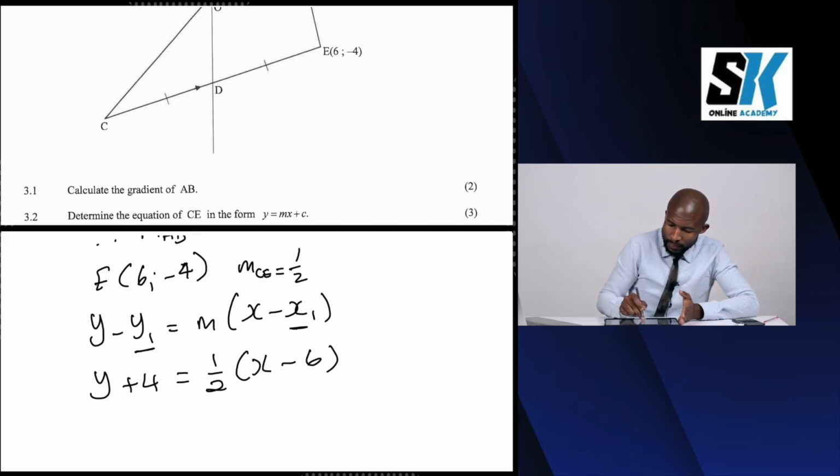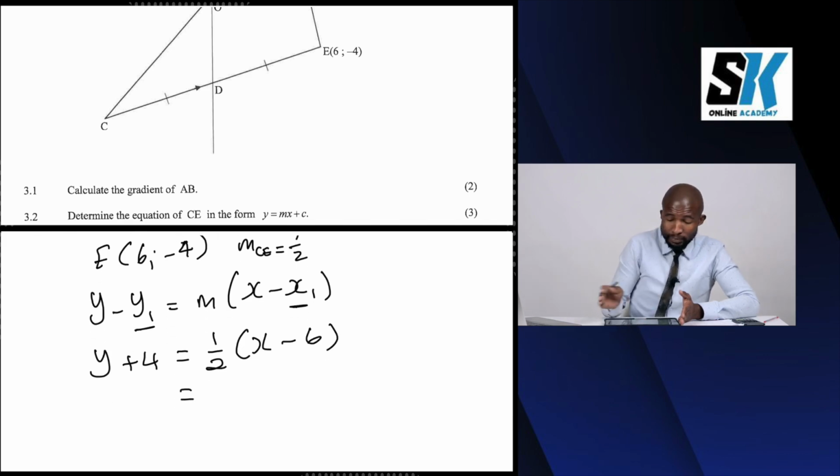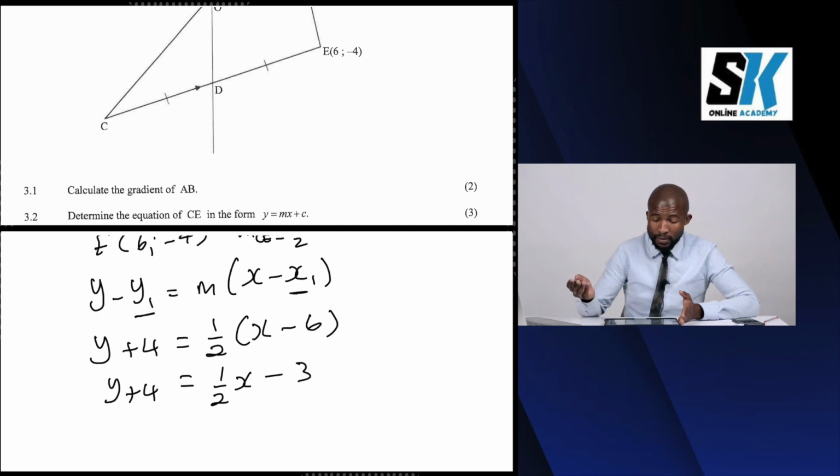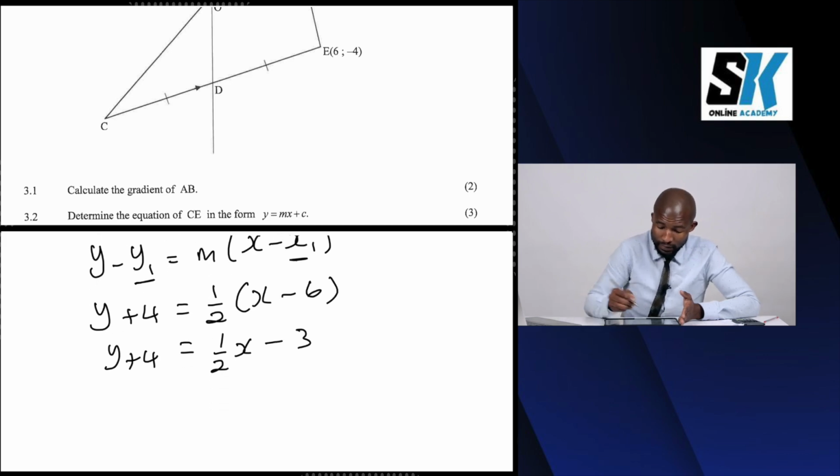Firstly we multiply by a half, then we take 4 to the other side. So it's going to be a half x minus 3, because we know that a half times minus 6 is going to be negative 3.